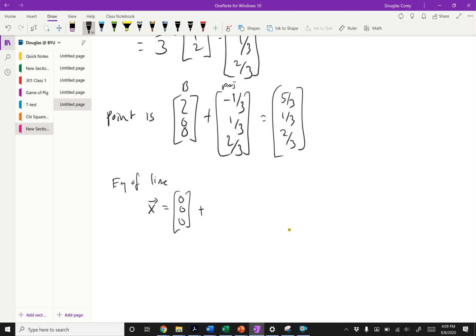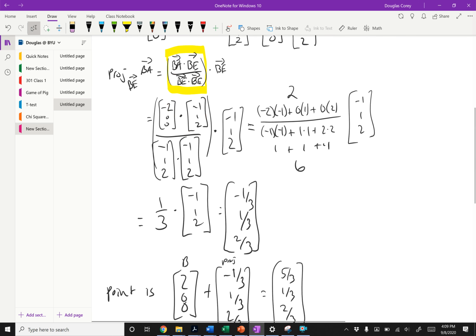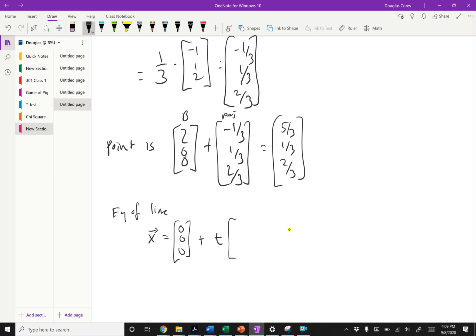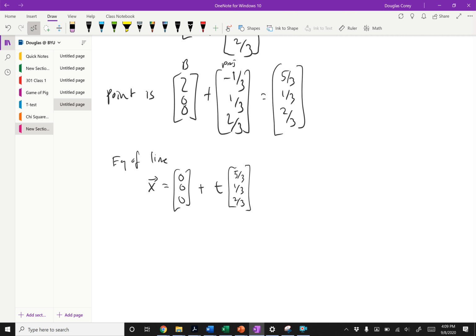And plus t, and the vector that goes from the origin to the coordinate 5/3, 1/3, 2/3 is just 5/3, 1/3, 2/3, because we're in standard position. So there's the equation of the line. And now we're done with 3. Now there's another way to do this, a couple other ways to do this.